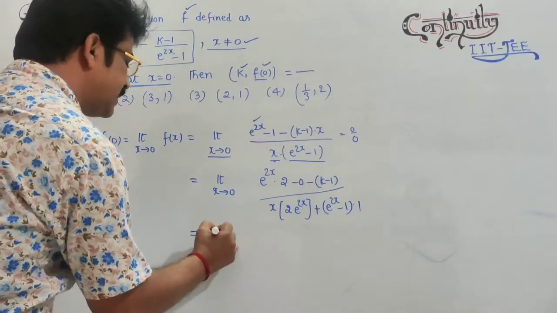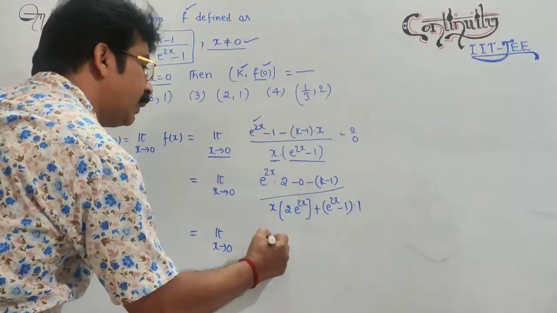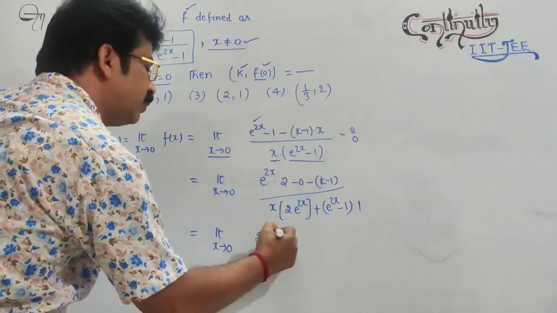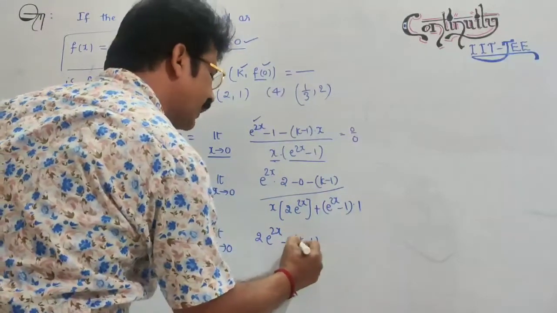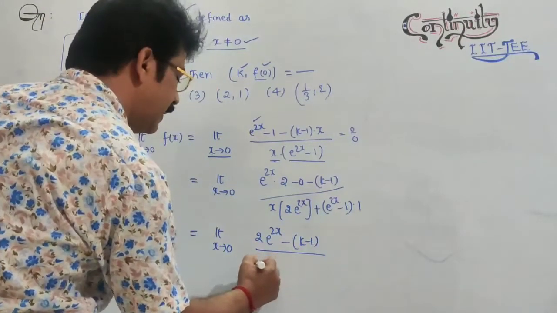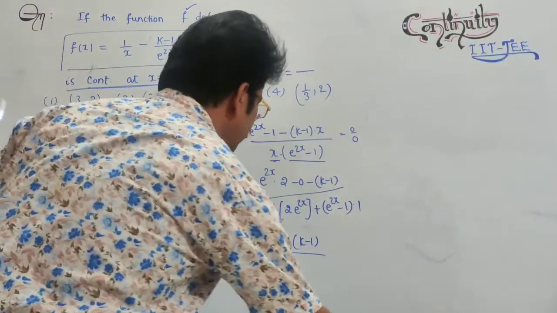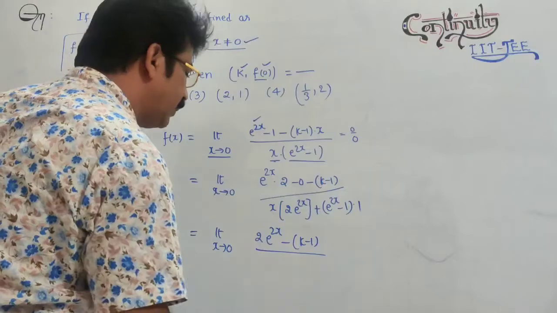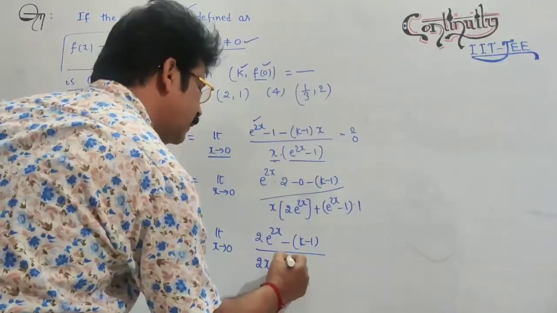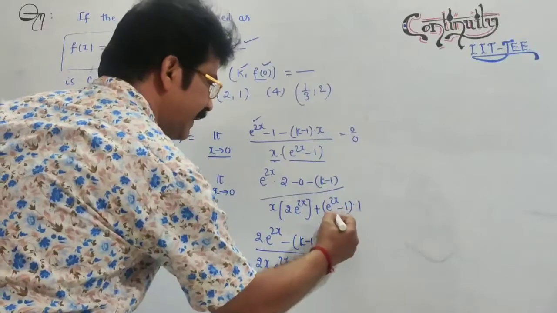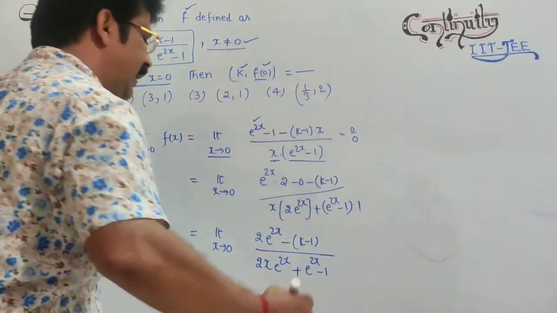So just simplification: limit x tends to 0 of (2 e power 2x minus (k minus 1)) whole divided by (x into 2 e power 2x plus 1 into (e power 2x minus 1)).